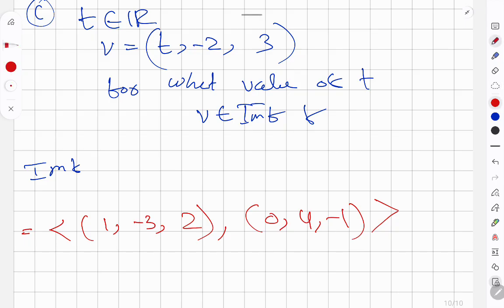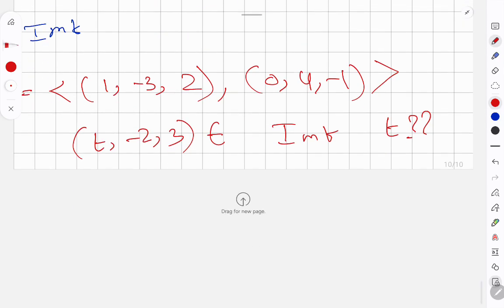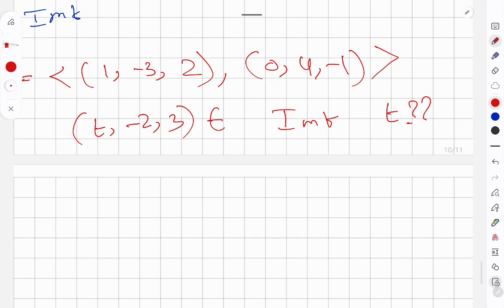The question asks, does the vector (t, -2, 3) belong to this image, and indirectly it is asking for what value of t it belongs to the image. So it's basically a simple question.